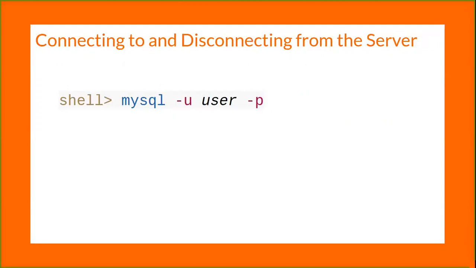Some MySQL installations permit users to connect as an anonymous, unnamed user to the server running on the local host. If this is the case on your machine, you should be able to connect to the server by invoking simply mysql without any options, just this.